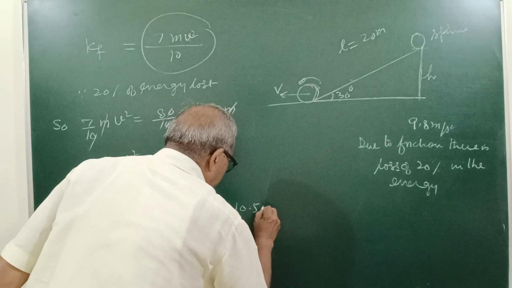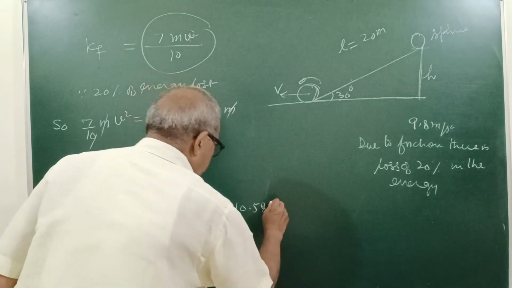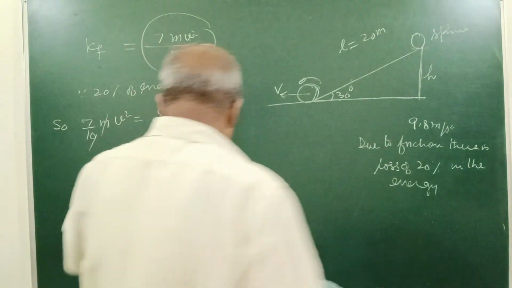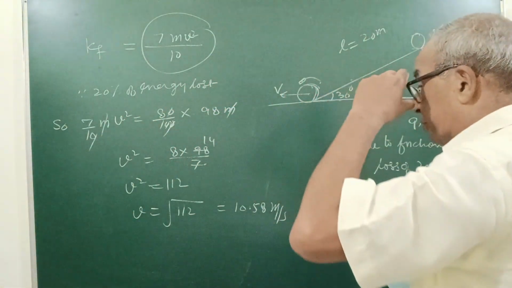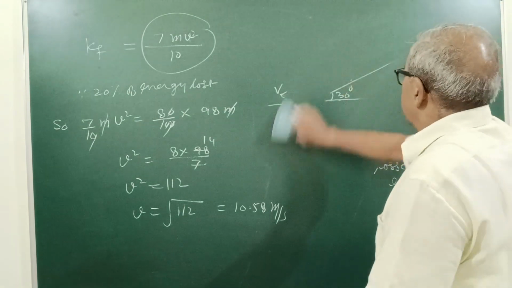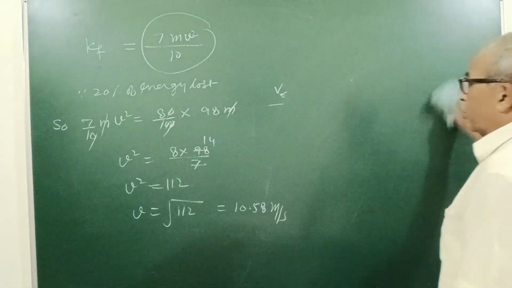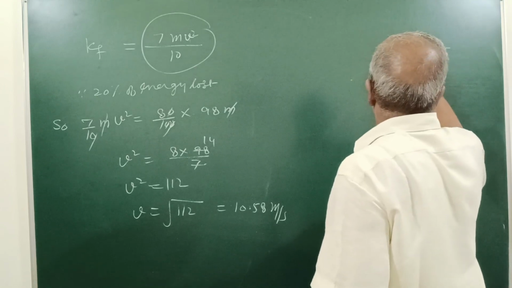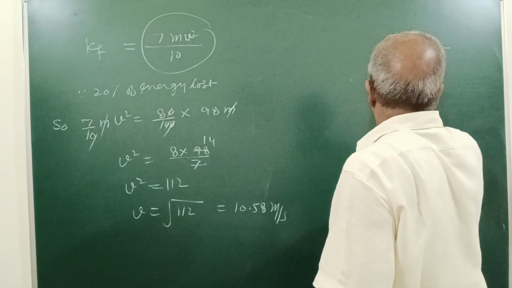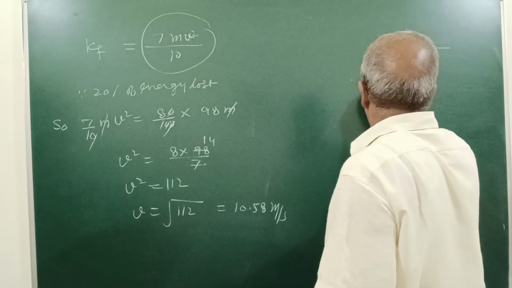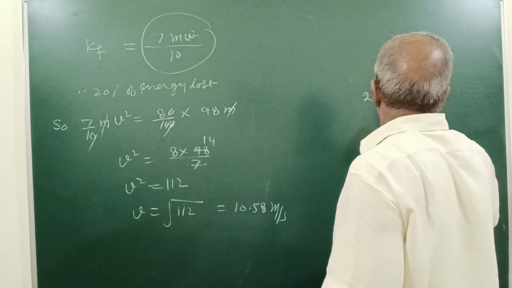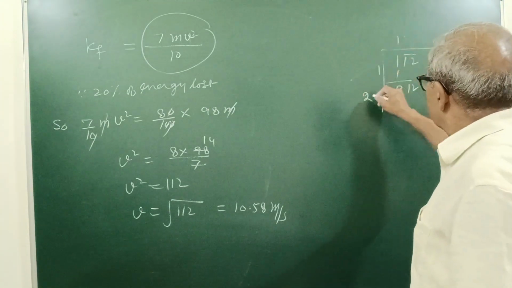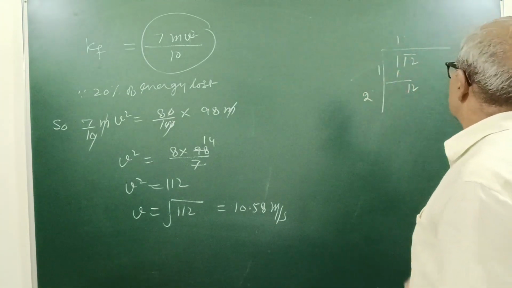You know how to find square root? 112. Do you know it or not? If you know, very good, but I am telling you one thing here. Under root 112, so the pair is this. 1, 1 goes 1, 0. It will be 2 here. You will take now 12. If you take one time, it is 21, more than this.